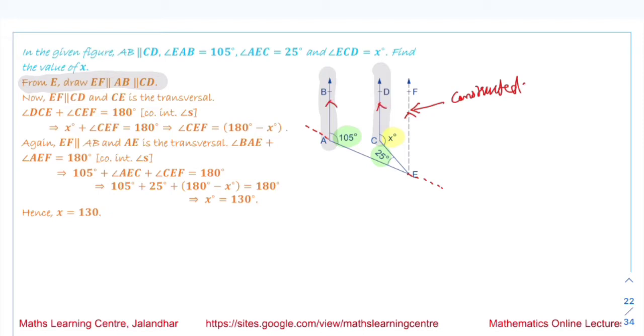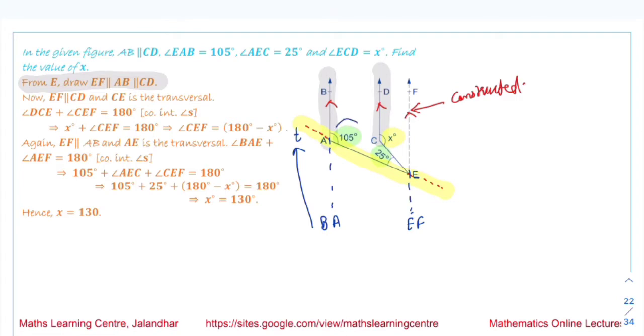Now I have extended this line AE in this form, and I am saying this is some transversal T for the parallel lines. For the lines BA and EF, this T is the transversal.